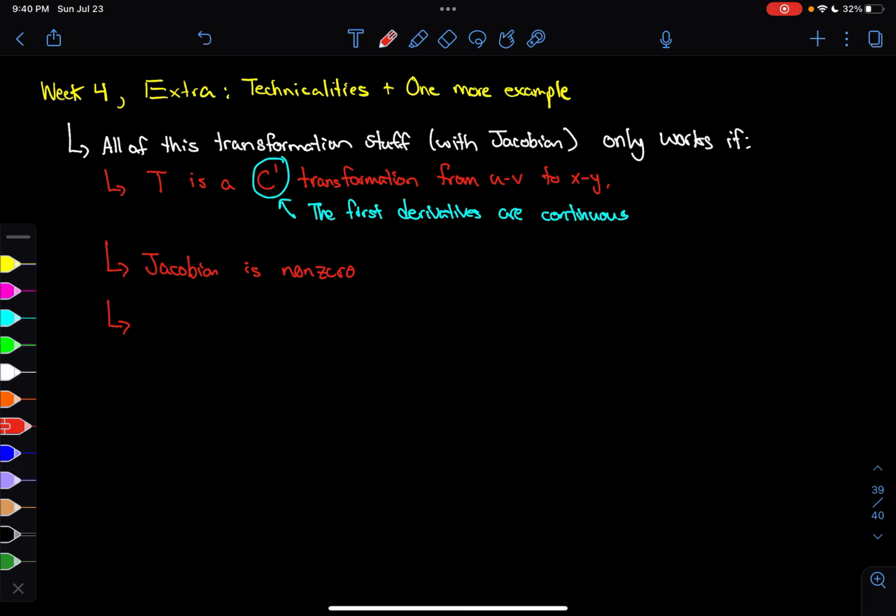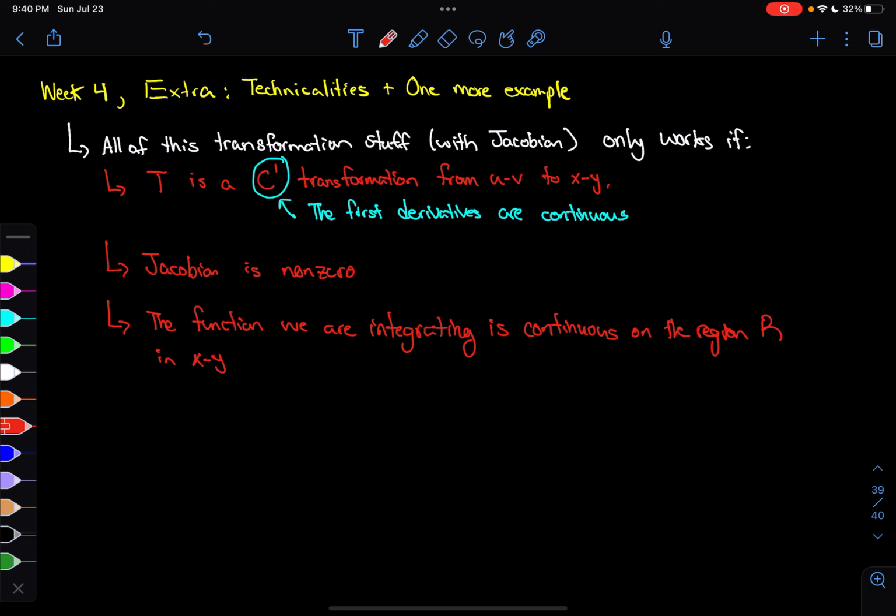Let's see, what else? The function that we're integrating, when we set up our double integral or triple integral or whatever, is continuous on the region of integration R in the xy plane, or xyz, whichever one.